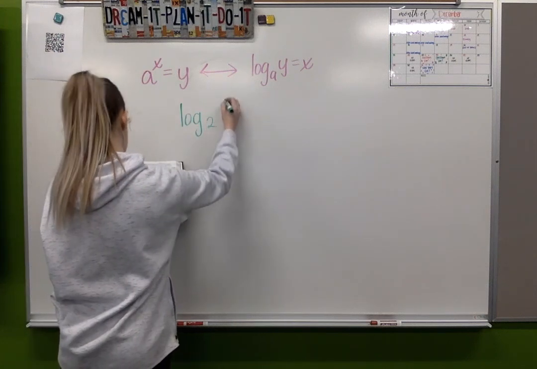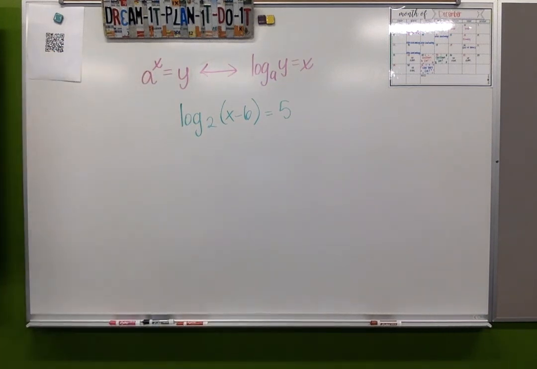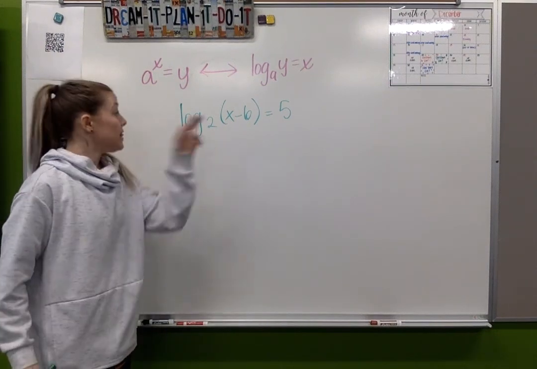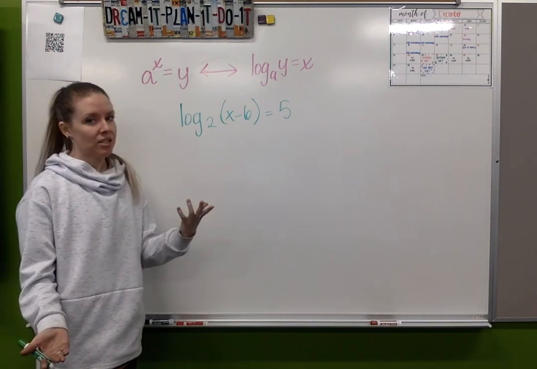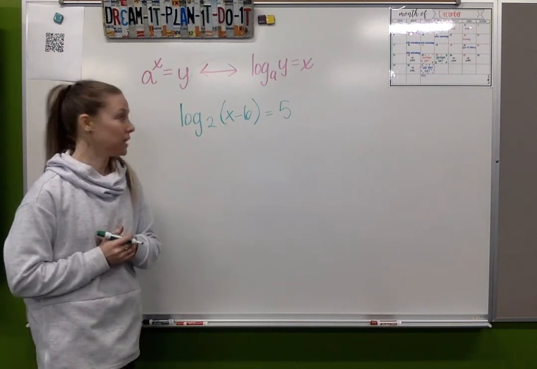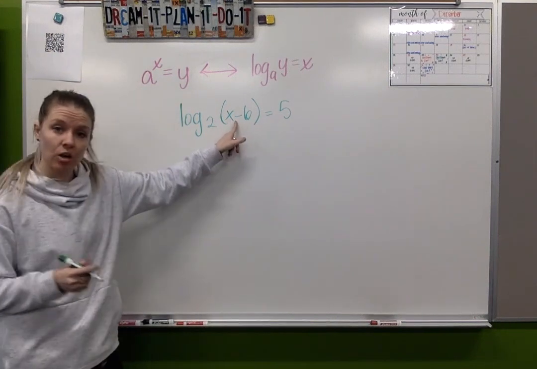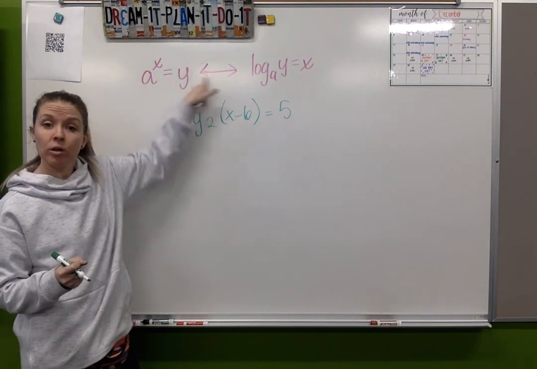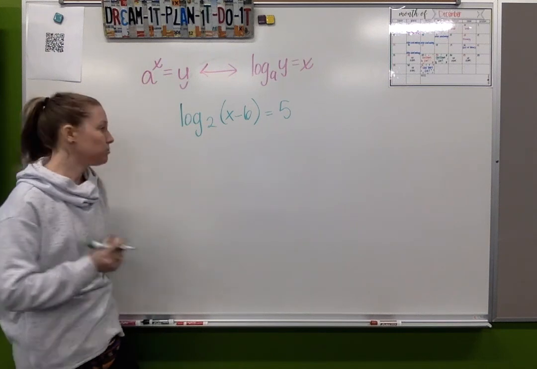Log base 2 of x minus 6 equals 5. Log base 2 of x minus 6 equals 5. All right? This time we just have a number on the other side, not a log. So we can't just ignore the logs for a second. When we have a log equaling a number and our unknown is inside the log, we're going to rewrite it. We're just going to change this into exponential form.